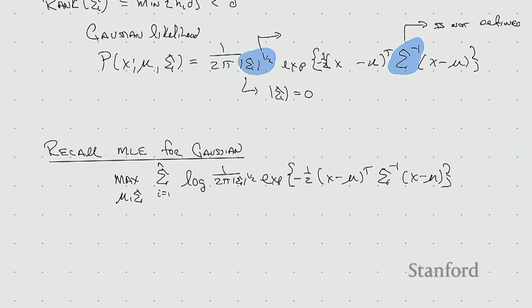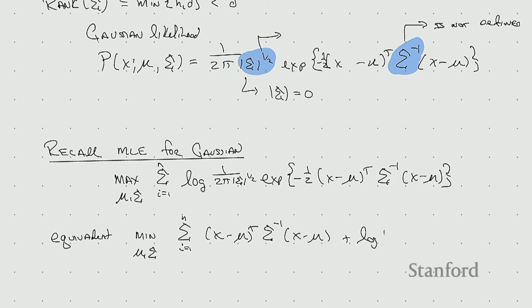Now, this is equivalent to minimizing the log, which we kind of do everywhere, and expand out, which is equivalent to minimizing this. And you've seen this before. I just want to remind you where it comes from. Sum i equals 1 to n, x minus mu, transpose, sigma inverse, x minus mu. This is why I consistently drop the 1/2, because it doesn't matter, but it is distracting.